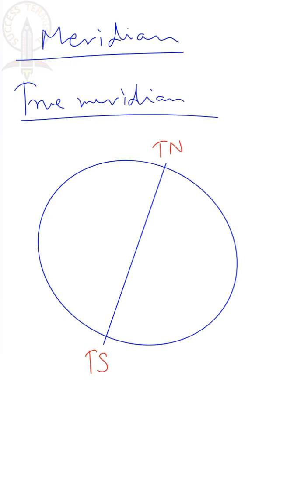The needle will show you the direction of true magnetic north and magnetic south. What we are discussing here, we have considered that a large magnet is placed inside the earth in this way. Let's take a clear picture.